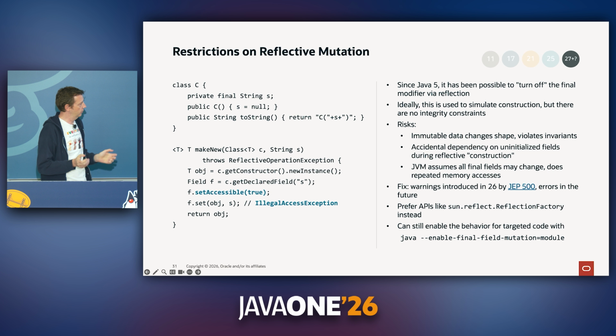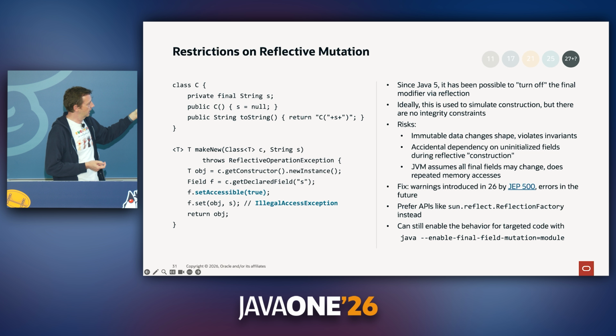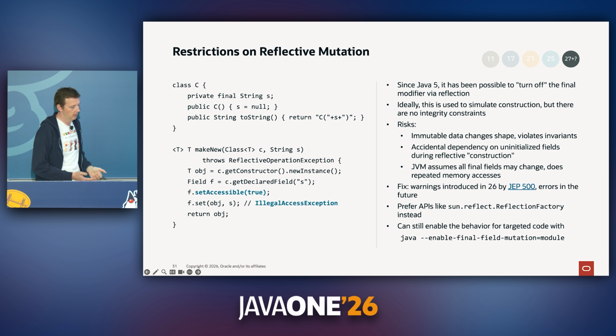You set it to true, and that means anybody can access it, and also anybody can mutate it through this field object. And then call set. So this is code that may exist today. The new feature here is to turn it off. So that when somebody says set this field, they're going to get an illegal access exception. They're not allowed to mutate the final field.